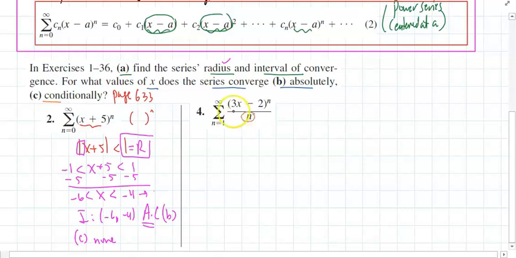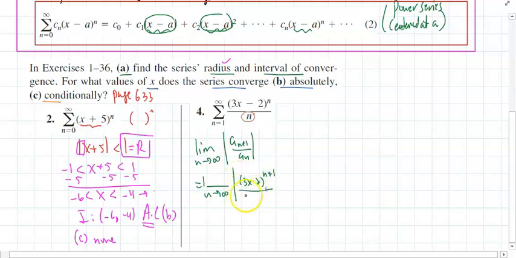So here, if I take the ratio test, for example, the limit as n approaches infinity of the absolute value of a sub n plus 1 divided by a sub n, that would be the limit as n approaches infinity of (3x minus 2) to the n plus 1 divided by n plus 1. And instead of dividing, I'm going to multiply by the reciprocal.